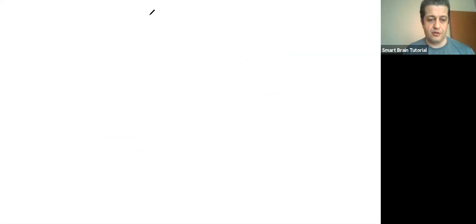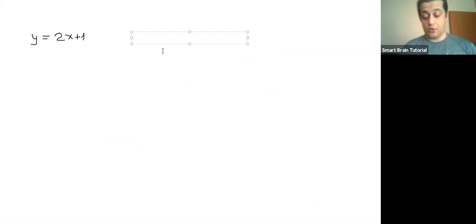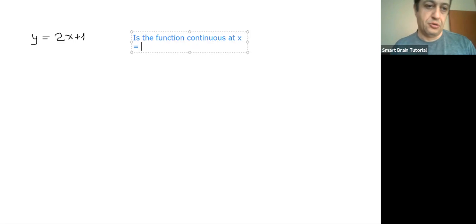If I have the function y equal to 2x plus 1, and I want to show, the question asks, is the function continuous at x equal to 4, let's say, or not?